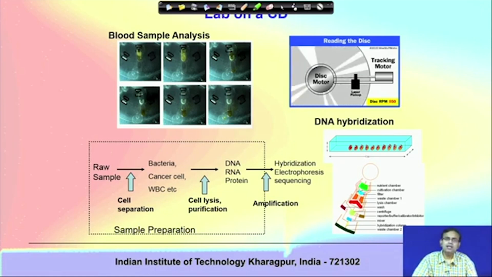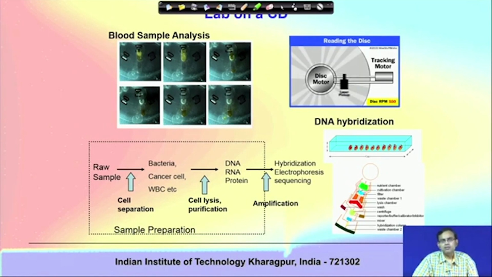So, the lab on a CD is a rotating microfluidic device which looks like a CD used for external data storage, but it is actually a polycarbonate based material. There may be a large number of microchannels on the CD, and if the CD is rotated, by a single rotation fluid can move along the radial direction on all the microchannels simultaneously, and this is possible by centrifugal action.